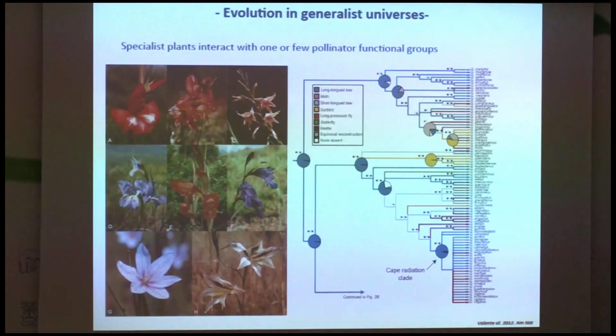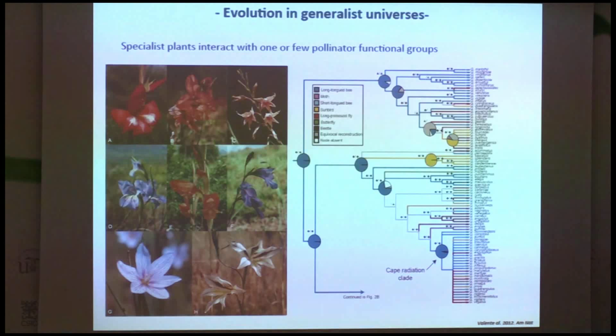These processes have been studied quite a lot with many types of plants, mostly plants interacting with few pollinator functional groups, something that we call in evolutionary ecology a specialist interaction. This is just an example of how it can work.